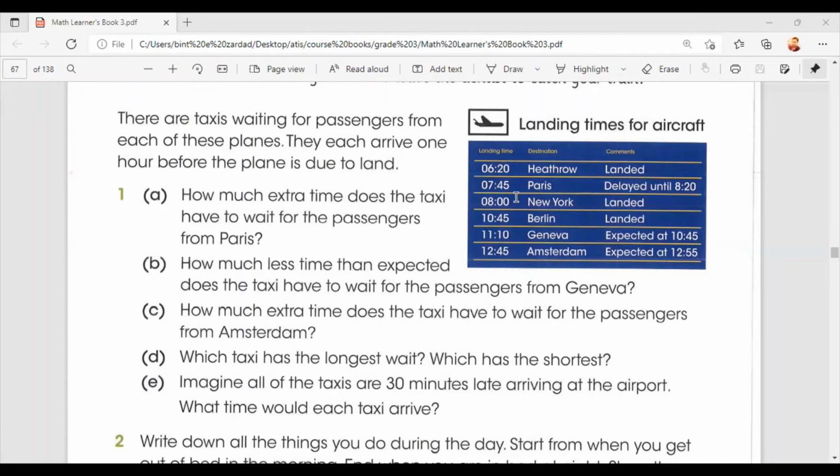So 15 plus 20, let me add it. These are minutes. 5 and 3 is 35. So 35 minutes. How much extra time does the taxi have to wait for the passenger from Paris? 35 minutes.